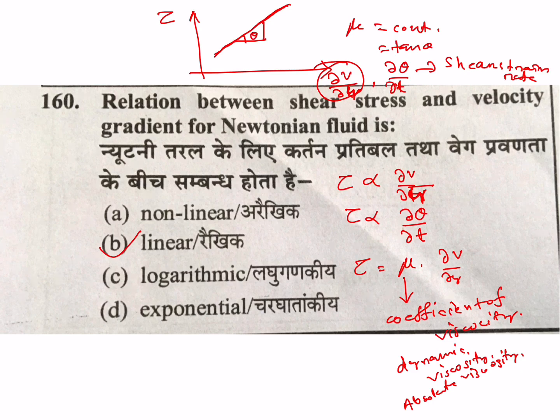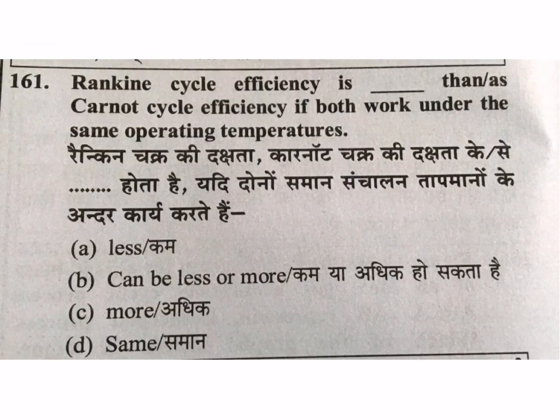This is theta, or mu equal to tau divided by dv by dy. And in Newtonian fluid, we know the coefficient of viscosity remains constant.